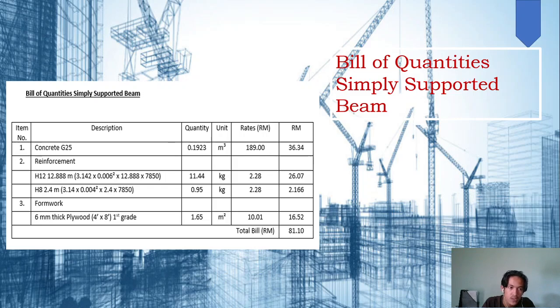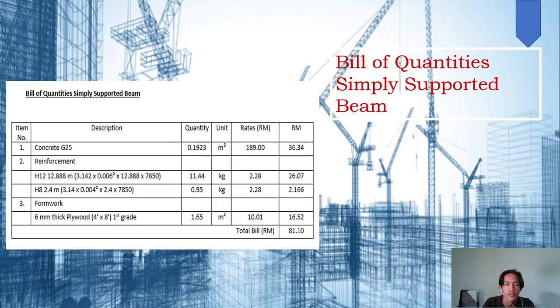And then for the formwork, we will use 6mm thick plywood 4 times 8 first grade. The quantity is 1.65 in meter squared. The latest rate of the formwork is RM 10.01.